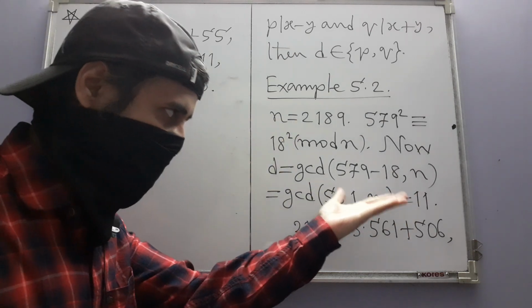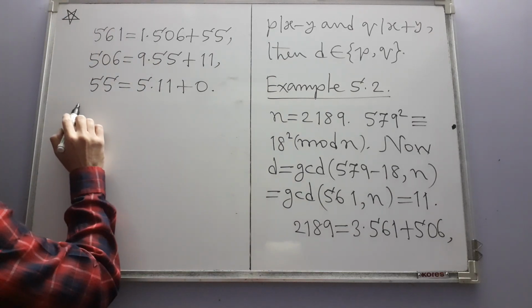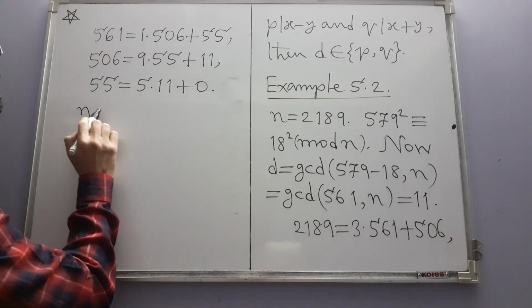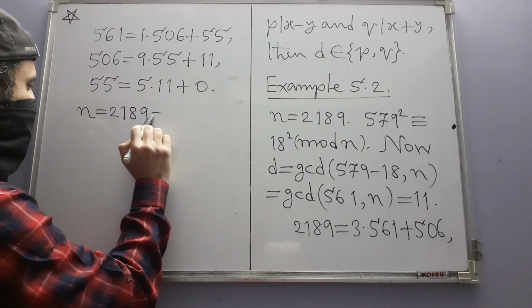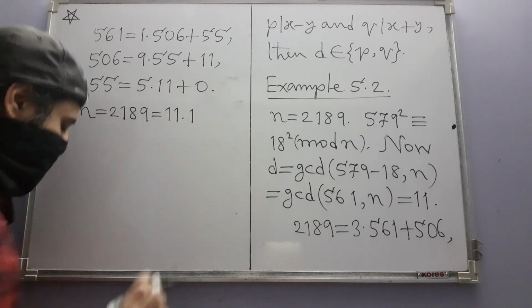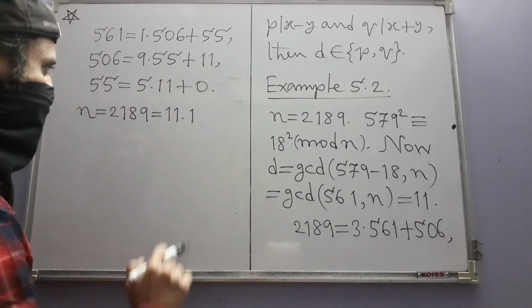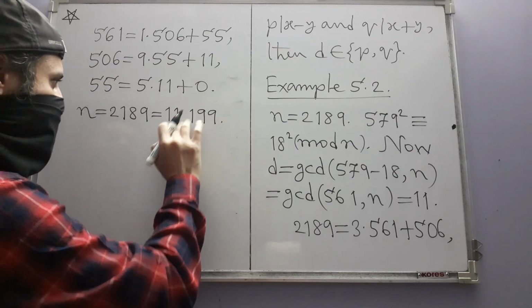So this is a non-trivial divisor. And in fact, n is 11 times, what was the value? 199. I cannot remember all these things. So I have it written down here.